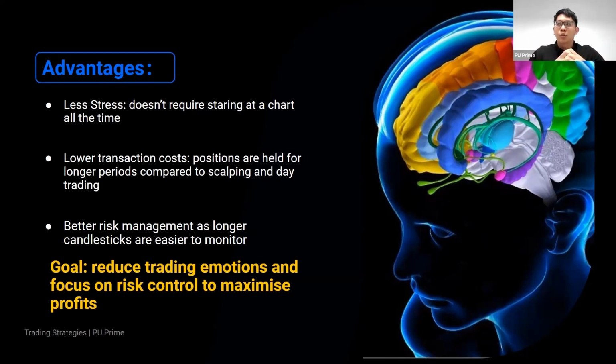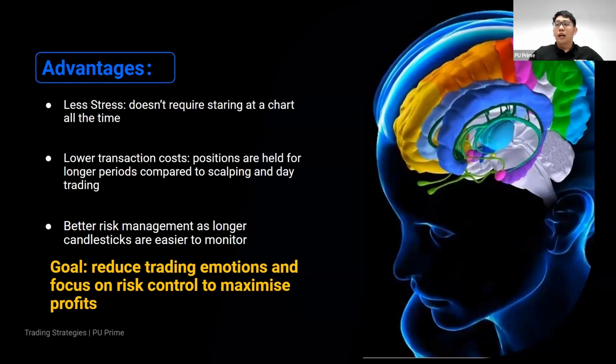It doesn't require you to keep monitoring the price movement every minute, every hour, because like I say, if you are adopting this swing trade, it takes a few weeks or sometimes months. So it doesn't make sense for you to keep monitoring it. But of course, sometimes you need to pay attention to the news, and also any big changes in the market.